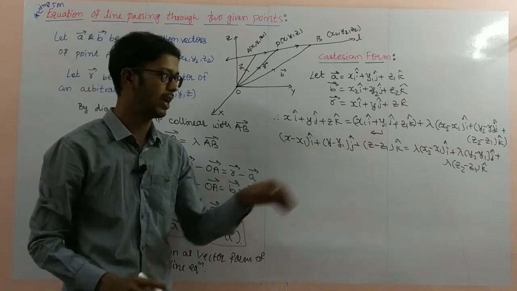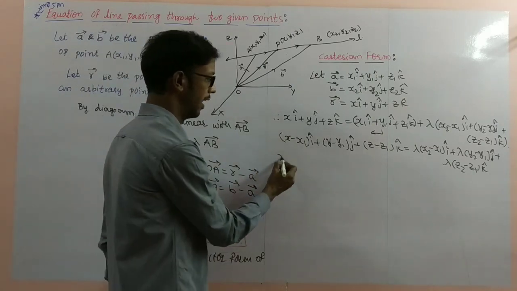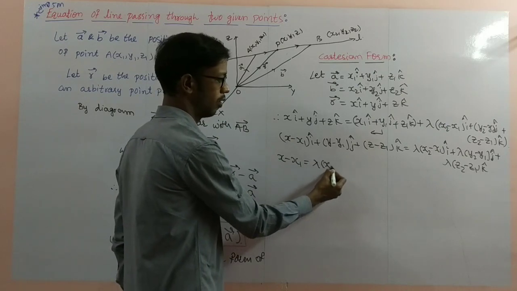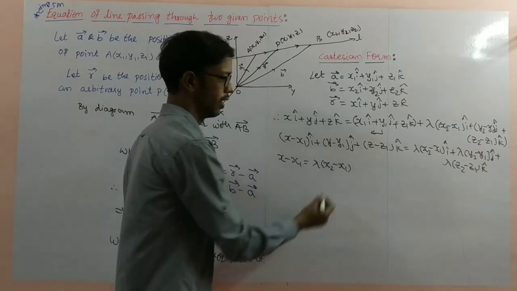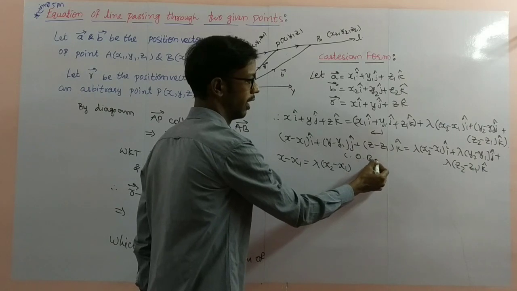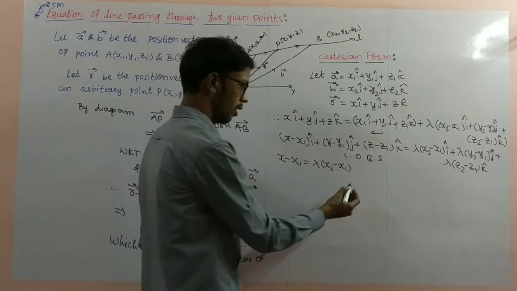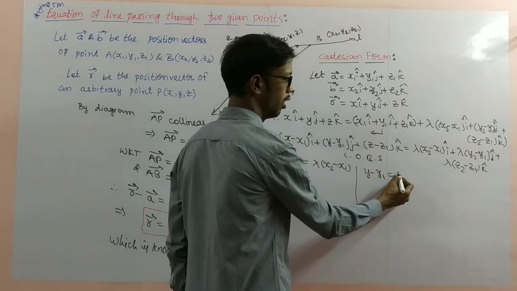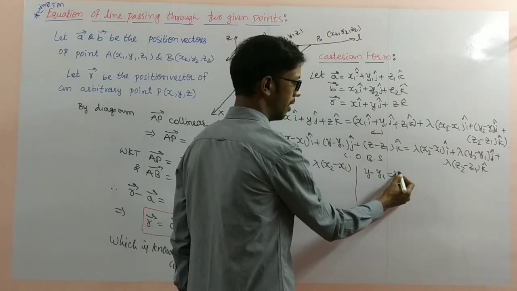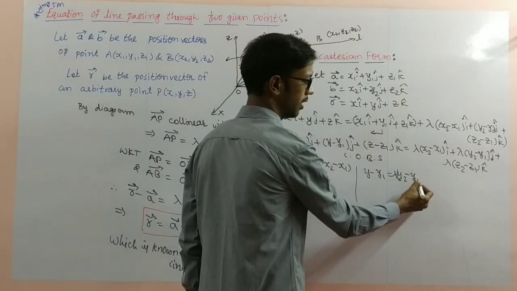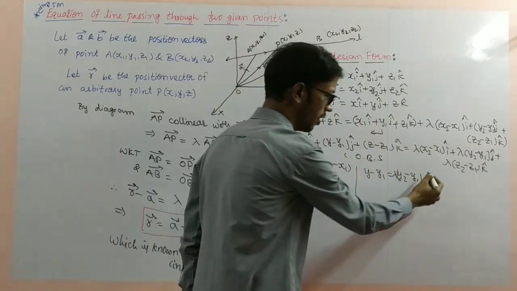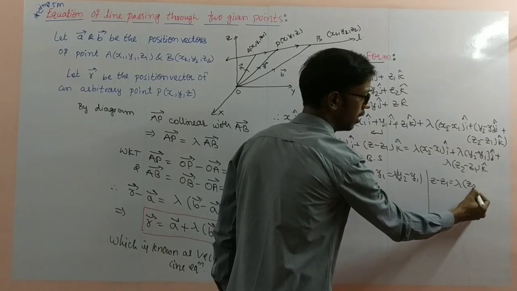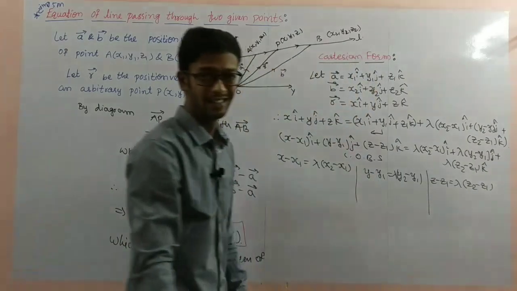Now comparison on both sides. X minus X1 equal to lambda into X2 minus X1. Similarly, Y minus Y1 equal to lambda into Y2 minus Y1. Next, Z minus Z1 equal to lambda into Z2 minus Z1.